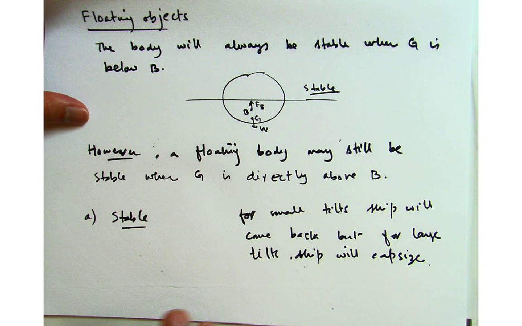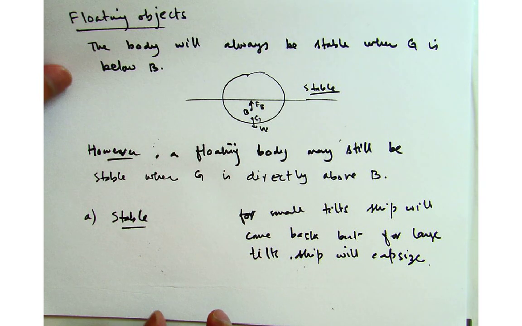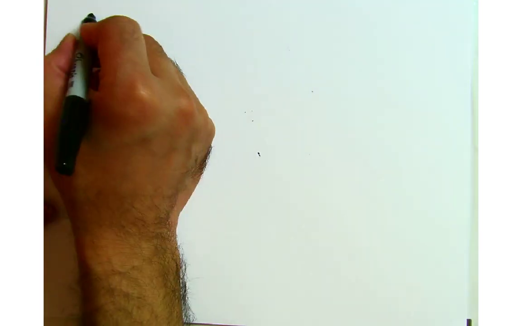The important quantity which tells us when the ship will actually be stable, we have to get a new quantity, which is called the metacenter, to measure the stability.